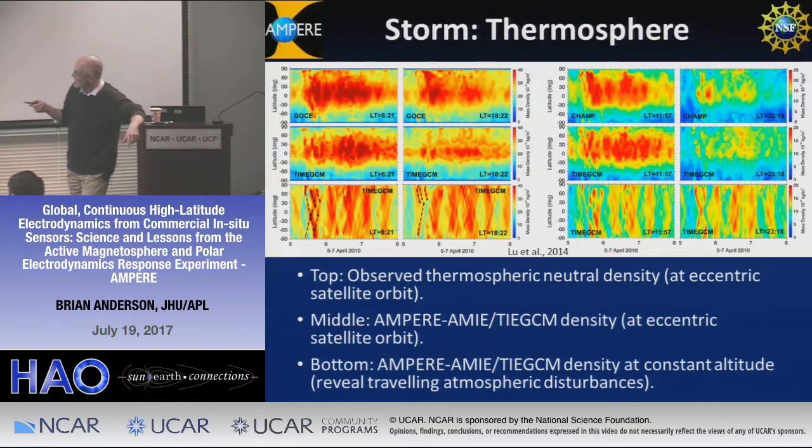Because the satellites are slightly eccentric, the densities look a lot higher in the northern hemisphere than they do in the southern hemisphere. And if you look at a constant altitude surface, you can actually see these traveling thermospheric waves in the density profiles.